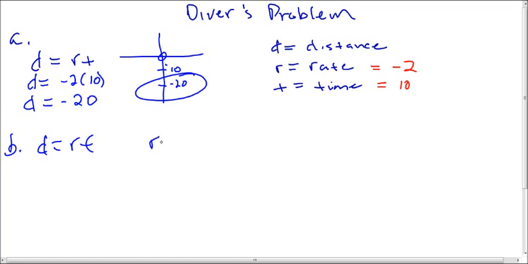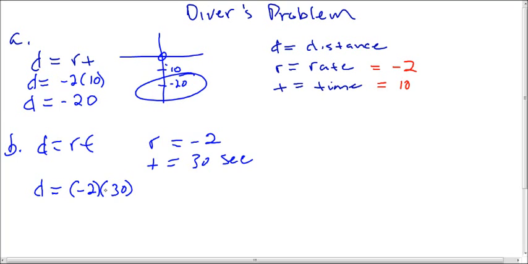Our rate again is the same, so R is equal to a -2, but this time we're looking at time as 30 seconds. So T is equal to 30 seconds. Plug in, we would have D is equal to a -2 times 30.